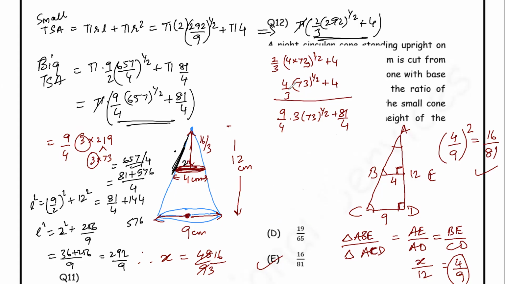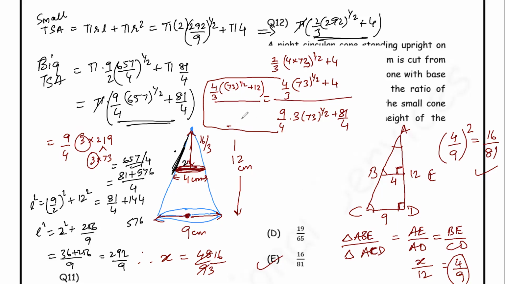So remember, I can take out the 4. I take out the 4 and I can have 73 raised to half. Okay. And I can say plus 12. That way I can take out 4 by 3.